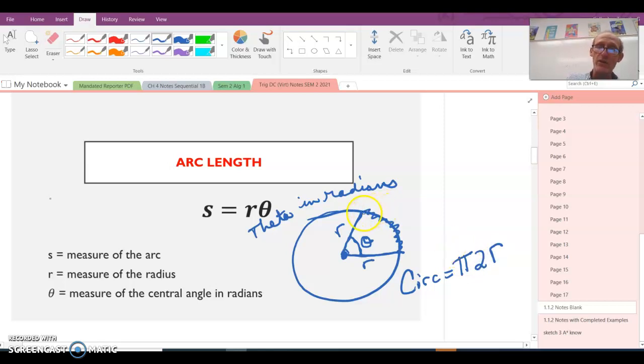So in order to figure out the length of a part, we're looking at the measure of this, in radians. That's how you find the measure of that arc. So a lot of it is related, all right? This is the central angle in radians. Theta is equal to the measure of the central angle in radians, okay? So here's a couple of examples like that.